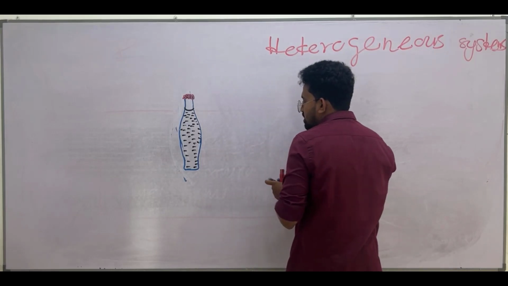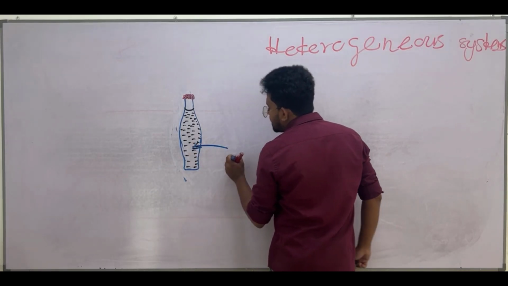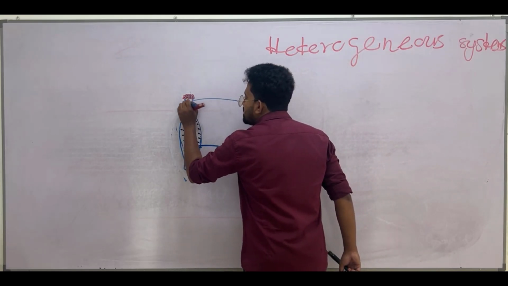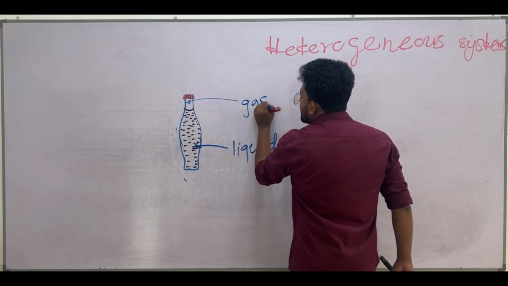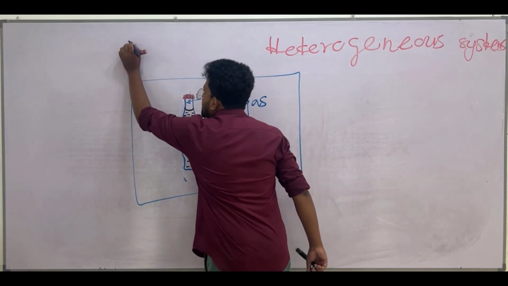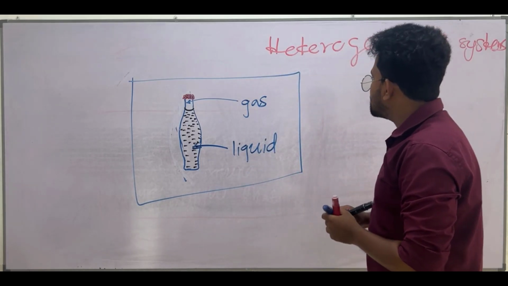Now here the drink is liquid, and here a little bit of gas is there. This kind of system is a heterogeneous system.